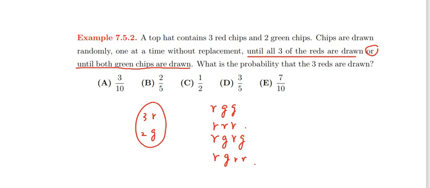So the question is, what is the probability that all 3 lead chips are drawn before both green chips, so that this case happens? We want to find the probability for those cases.